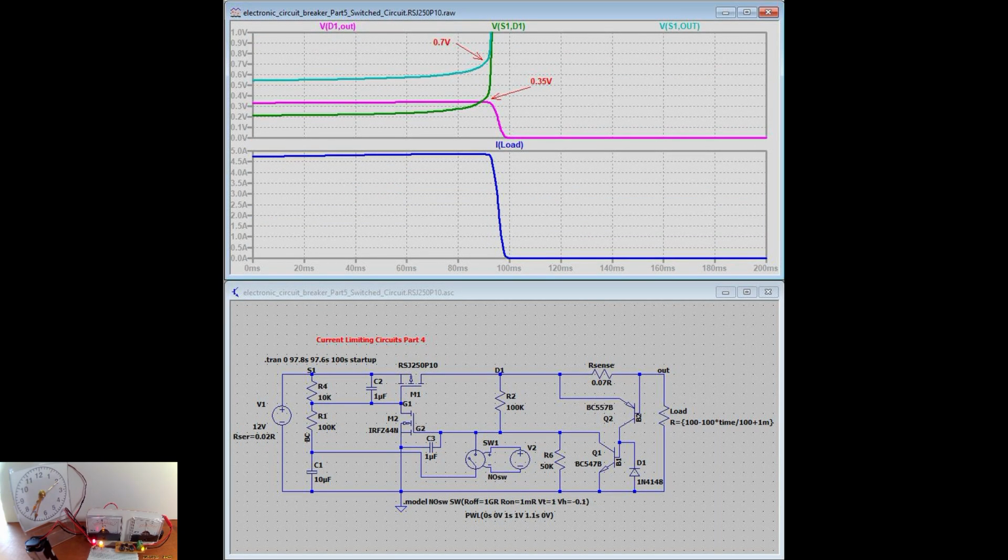In this configuration, we have to estimate how much voltage drop we want between drain and source so as not to exceed the 2 watts limit, and add it to the drop on the R-sense resistor to reach the 0.7 volts limit voltage drop.